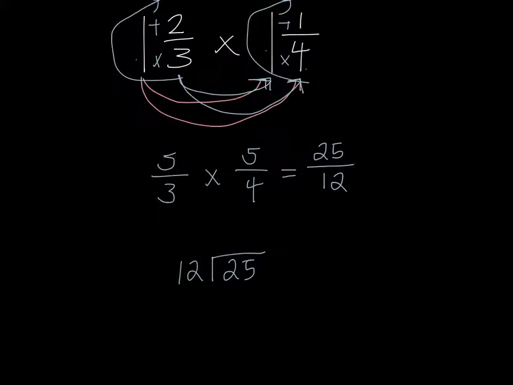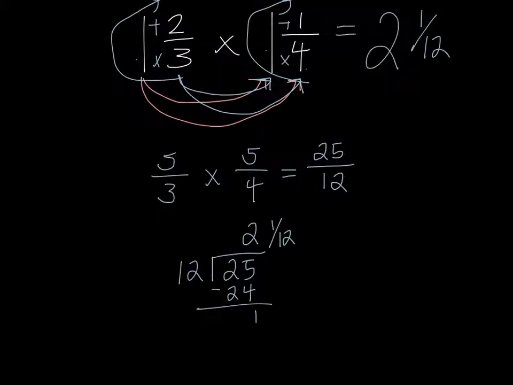I know that 12 can go into 25 2 times, and 2 times 12 is 24, with 1 left over. So the answer to 1 2/3 times 1 1/4 is 2 1/12.